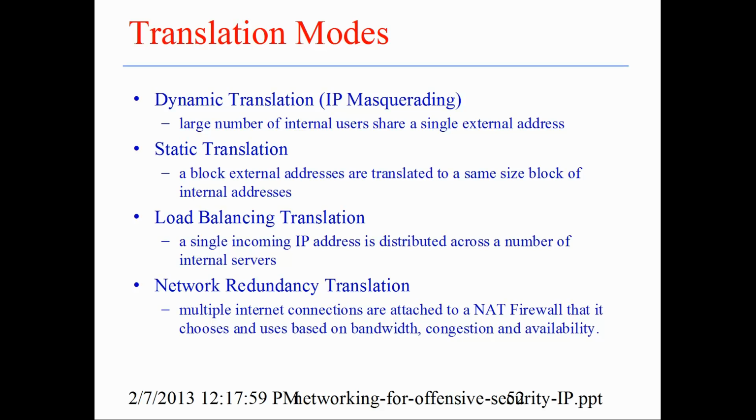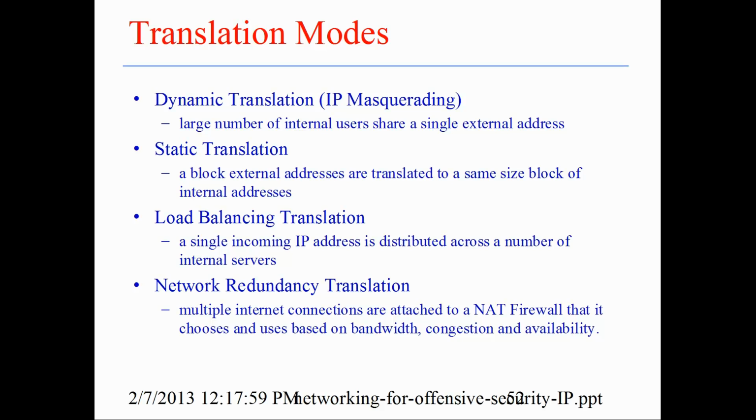Load balancing is more of a server-side thing, and a single IP address is distributed across a number of redundant servers, and if one server is getting too much traffic, basically the translation mode will adapt and send spillover or overflow traffic to the other servers so that no server is bogged down too much.